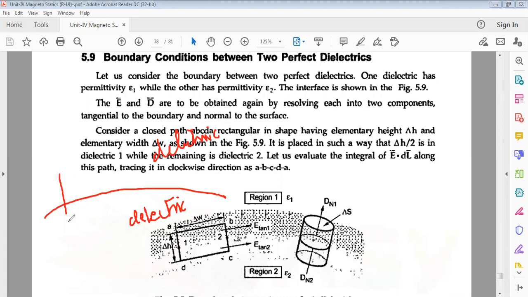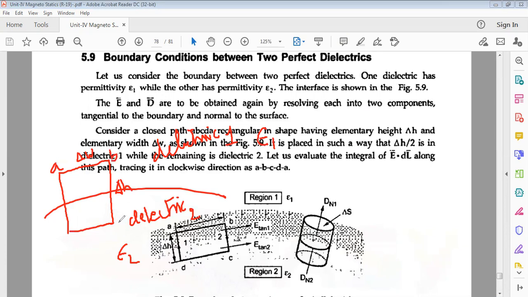So again, to find the tangential components, assume a rectangle with a width of delta w. Half of it is in dielectric 1 and half is in dielectric 2. In dielectric 1, assume epsilon 1; in dielectric 2, epsilon 2. The height is also half in dielectric 1 and half in dielectric 2.